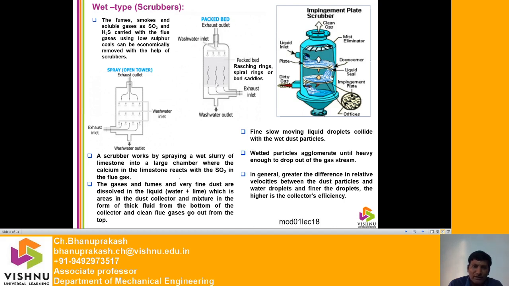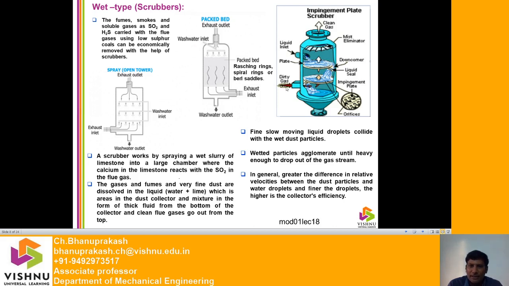So this is the way we can improve the collector efficiency. The important point is, when the difference in relative velocities is greater, more dust can be removed, and we can improve the collector's efficiency.